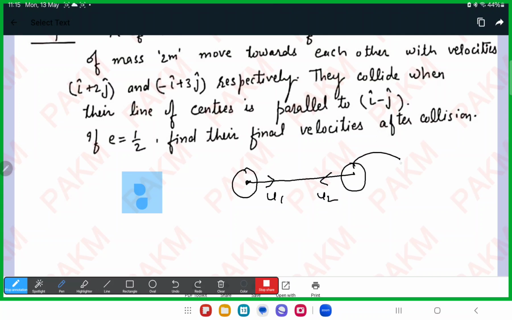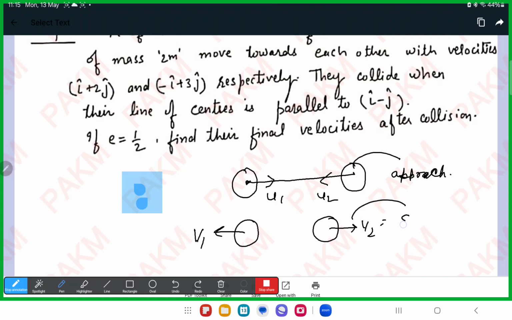Fine. And this velocity is called the velocity of approach. And maybe after collision, let's say they have a random direction v1 and v2. So that is called the velocity of separation. I thought these two terminologies are clear: velocity of approach and velocity of separation after collision.